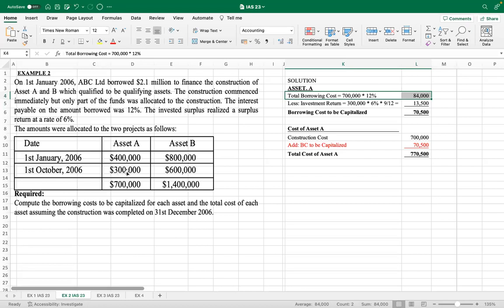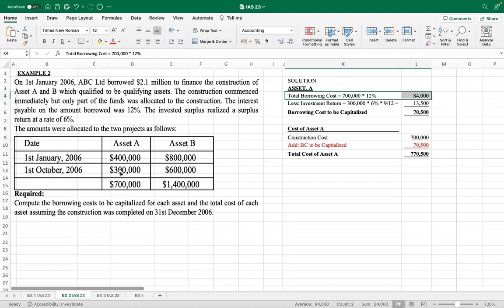But there is 300,000 that was not used immediately. The amount you don't use immediately, don't leave it idle in the bank. Invest it in a safe investment, which will generate you some return. Because we will need the money on 1st October 2006, we can invest this money from 1st January until 30th September.